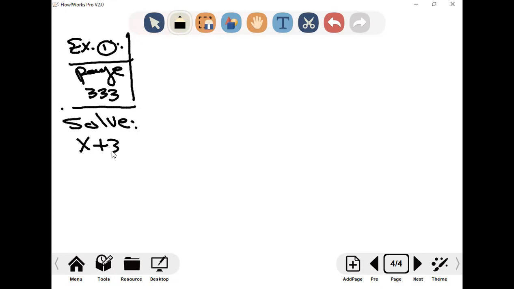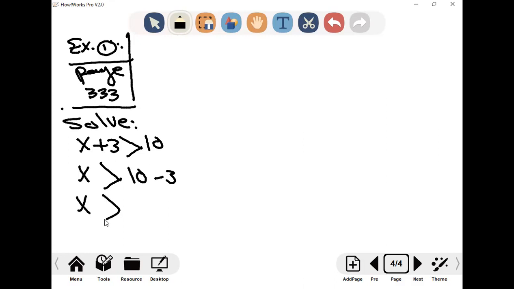For example, example 1, solve x plus 3 is more than 10. Now this is addition, and the connected number is 3, right? What will I do? I will do the same strategy as the equation. I will shift the positive 3 here. It will be minus 3. So x is more than 10 minus 3.